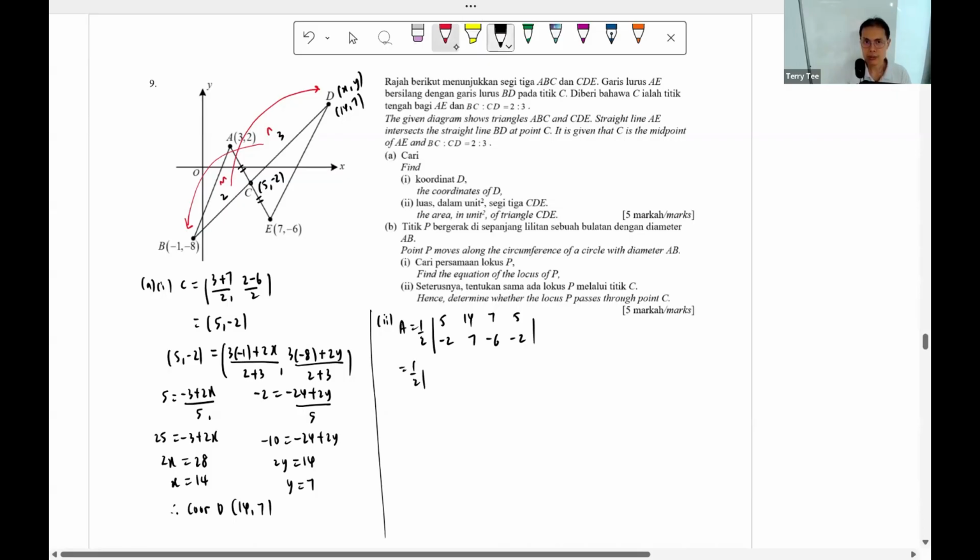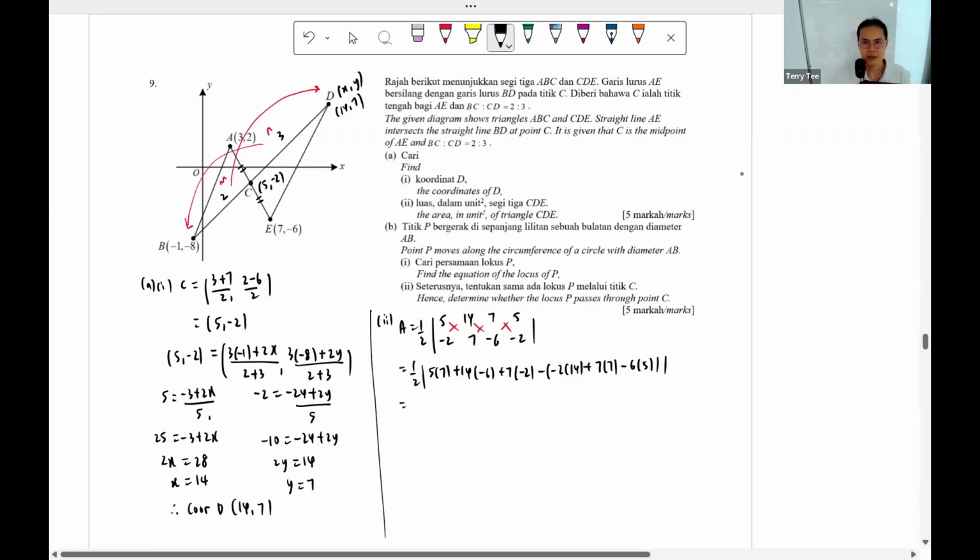Okay, so we are going to multiply downwards minus multiply upwards. So the first one is 5 times 7, 14 minus 6, 7 minus 2, minus 2, 14, 7, 7, minus 6, 5. Okay, so this one, we can count in one shot. Sorry, I need to use my calculator.